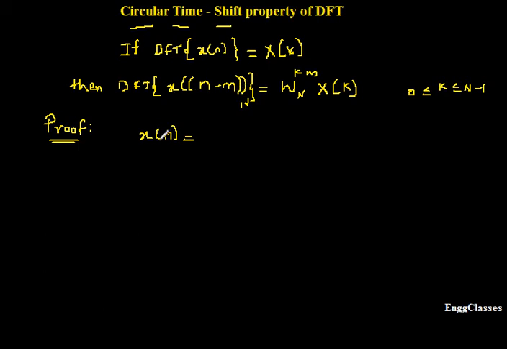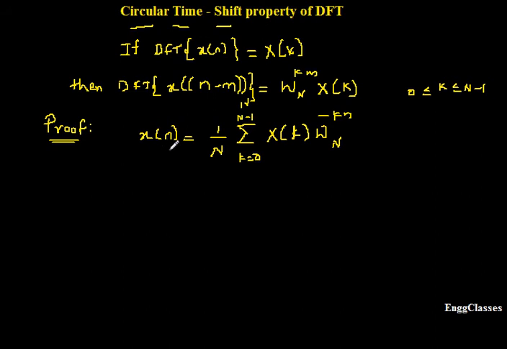So let me begin this proof with the definition of IDFT, which is x of n equal to 1 divided by N, summation k equal to 0 to N minus 1, X of k, W_N to the power minus k into n. Is it correct? So this is the definition for IDFT.